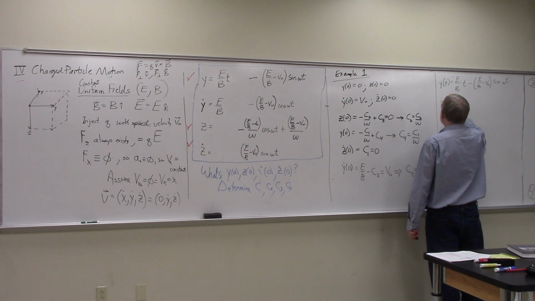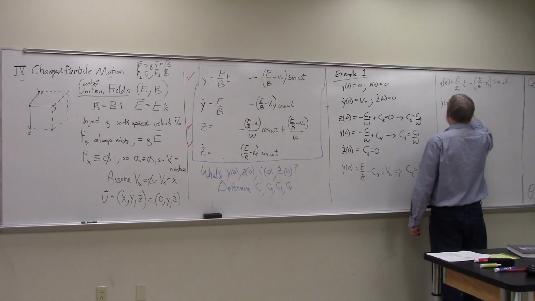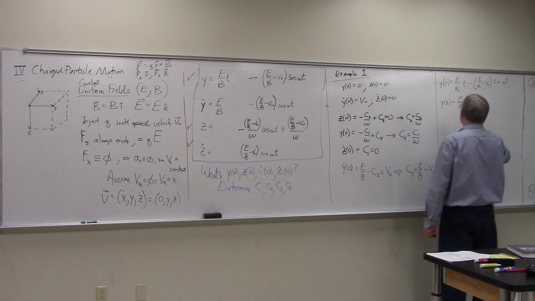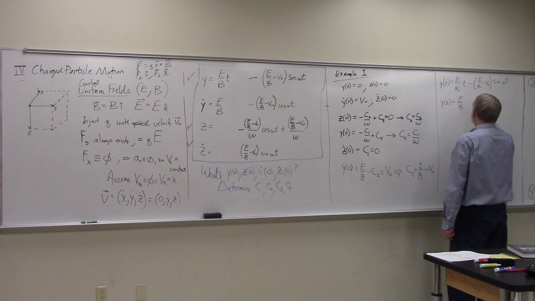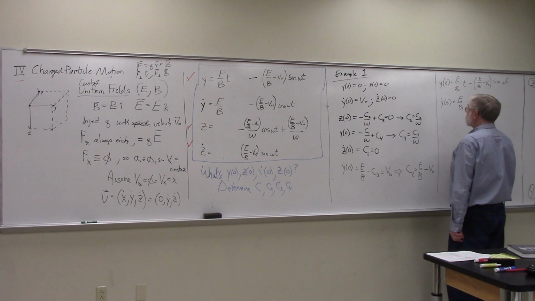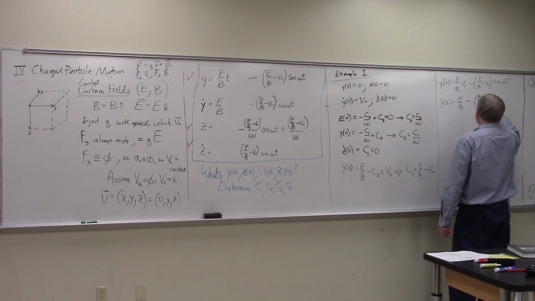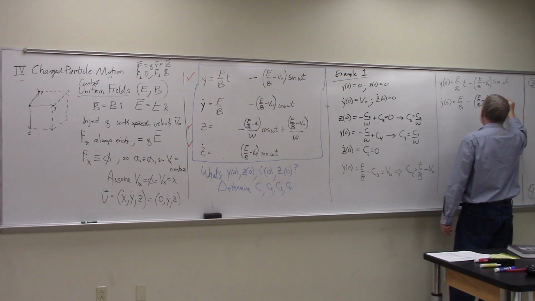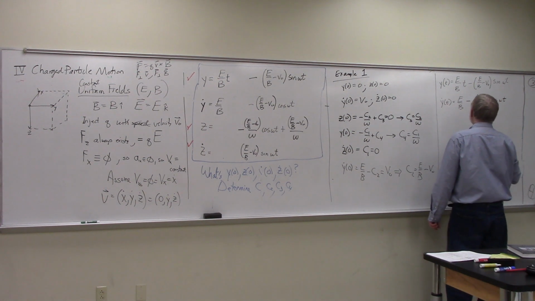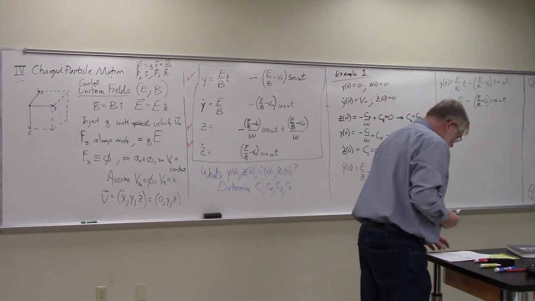The y component of the velocity as a function of time is E over B minus, I sure seem like I'm missing an omega someplace, E over B minus V0 cosine omega t, which I think is going to need another omega someplace.